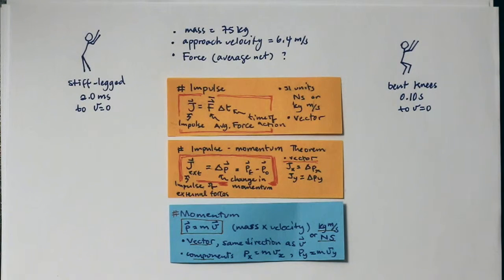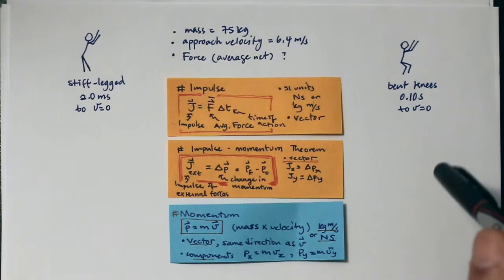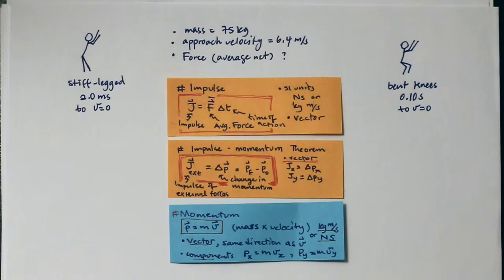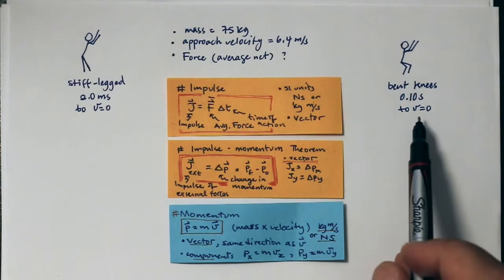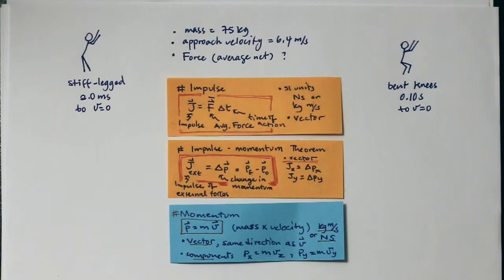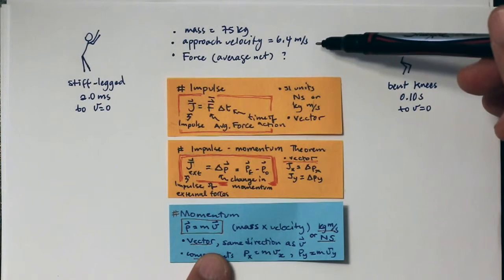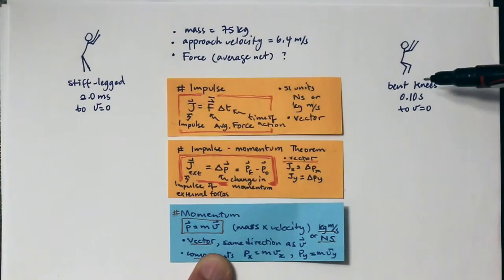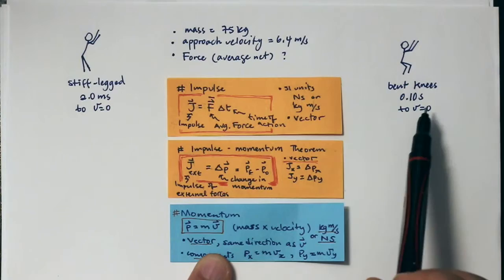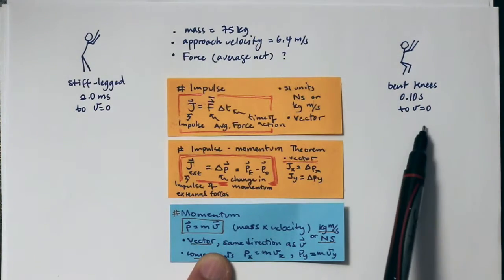So let's start out calculating the momentum in both cases, before and after. Like I said before, the time it takes to get to the complete stop does not factor into the momentum. The momentum before is mass times velocity before, and that's the same in both cases. The momentum after is mass times velocity after, and that's the same in both cases.